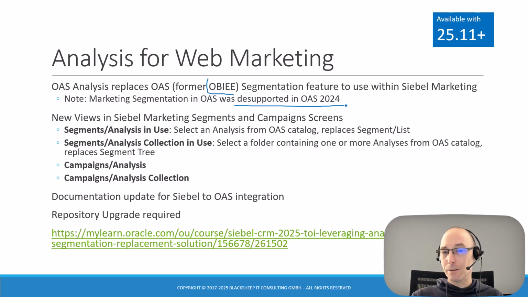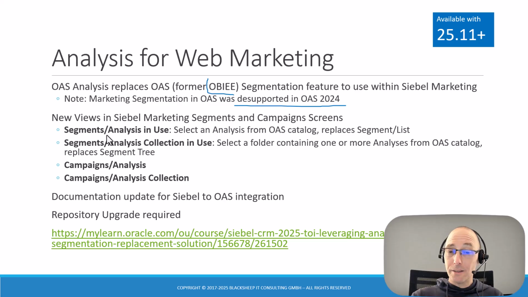So Oracle has to find a replacement. And the replacement for the segments, segment trees and list formats, that trinity that was the holy grail in Siebel Marketing, is now analysis, which is the generic query feature in Oracle Analytics Server. It was formerly named Answers.